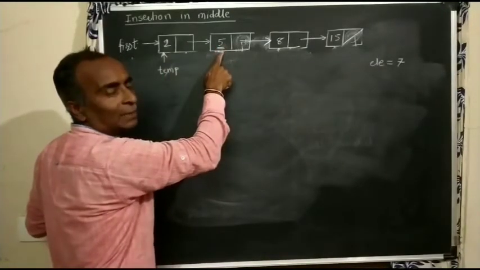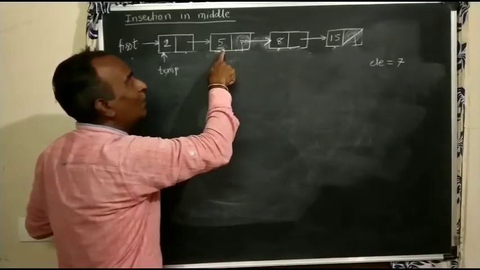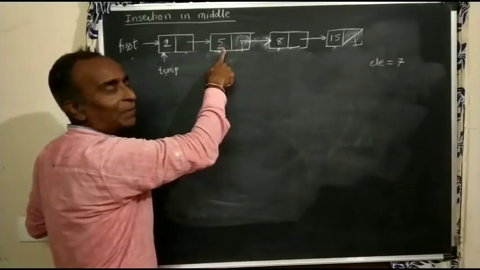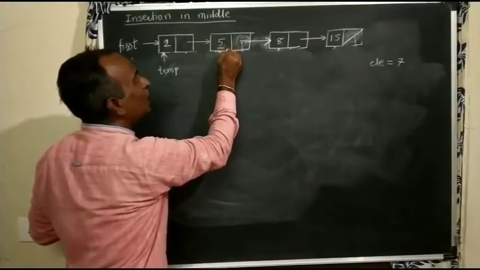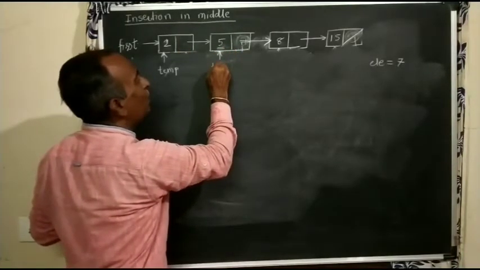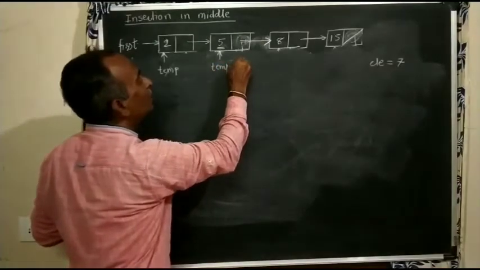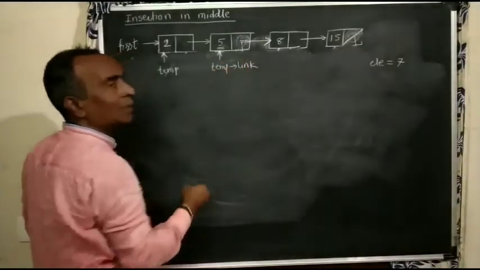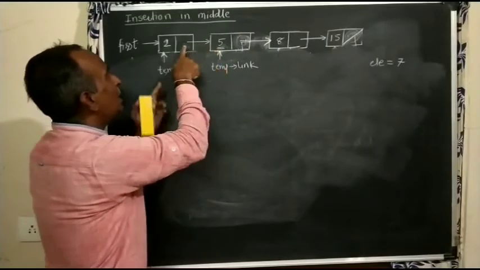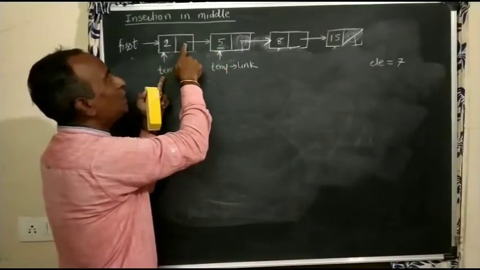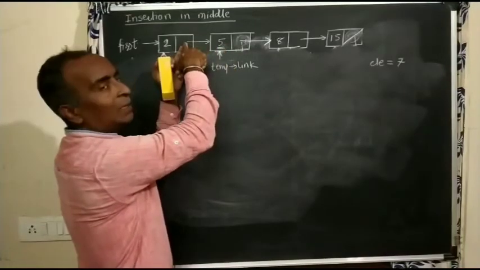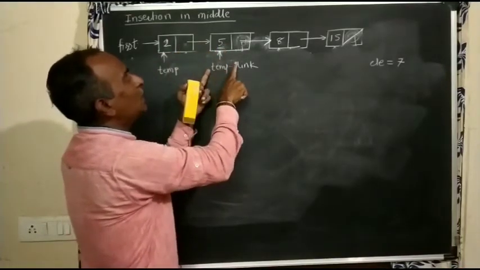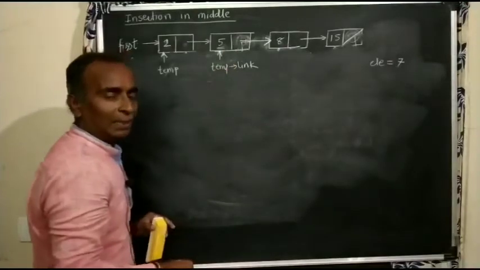This node's address, right? Now where is this node's address? This node's address is here. So can I write this node's address as temp link? This node's address is temp link because temp is pointing here and temp's link is pointing to this node. So this node's address is temp link.